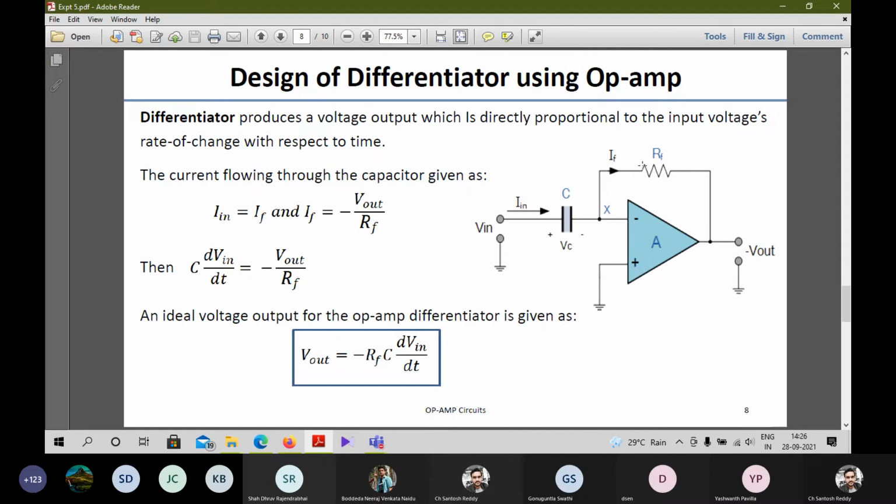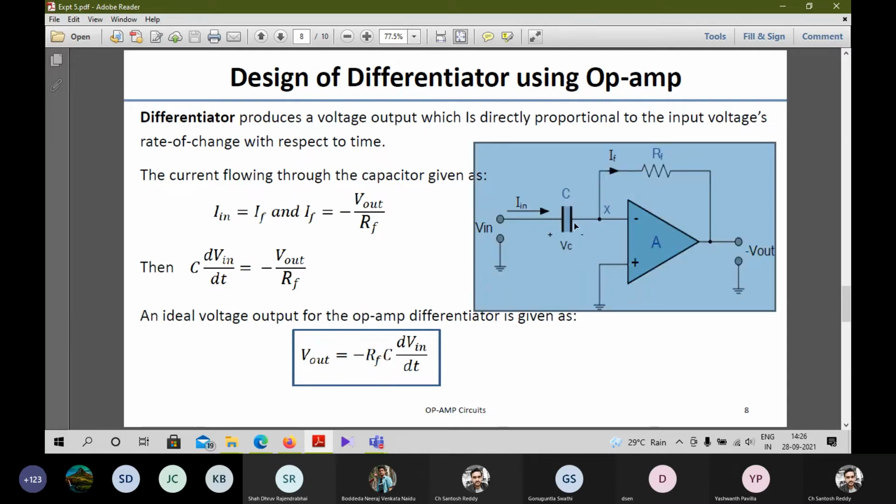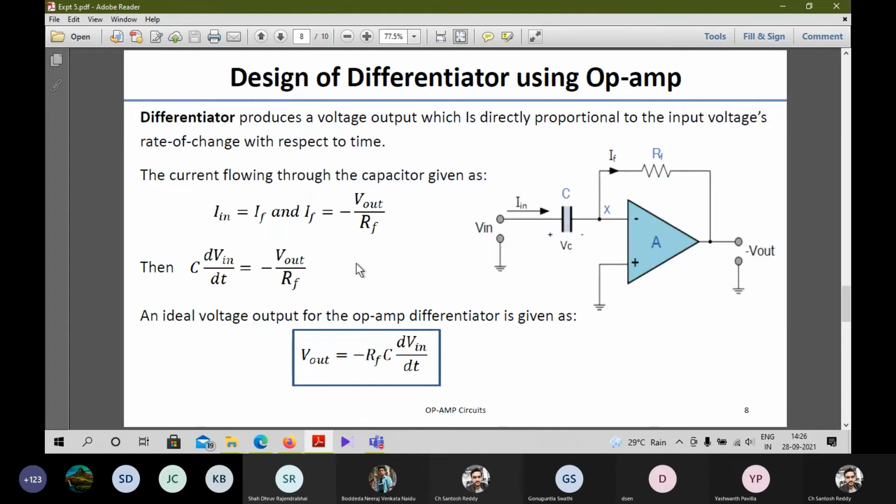So the IF current is equal to minus Vout by RF, and the IN current is equal to C dVin by dt. As the virtual ground concept holds, IN equals IF. So C dVin by dt equals minus Vout by RF. Rearranging, Vout equals minus RF times C times dVin by dt.